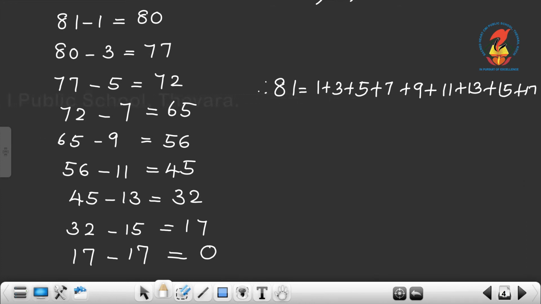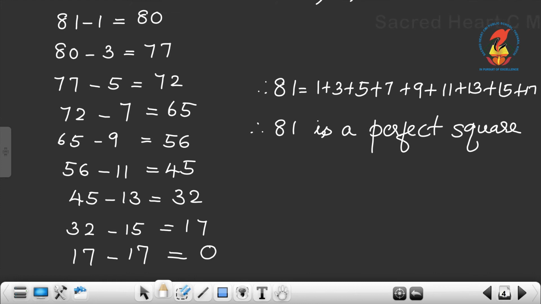So, we can express 81 as the sum of successive odd numbers starting from 1. Therefore, 81 is a perfect square.